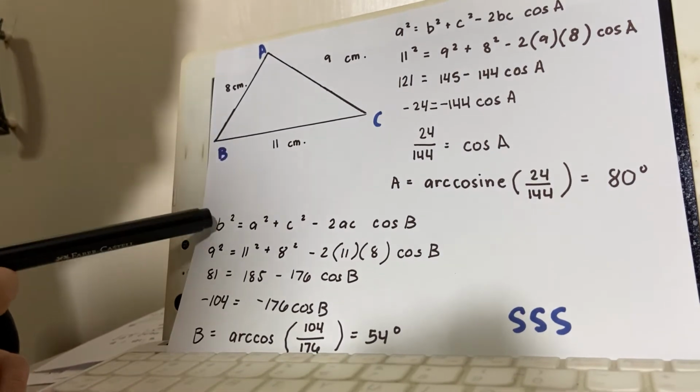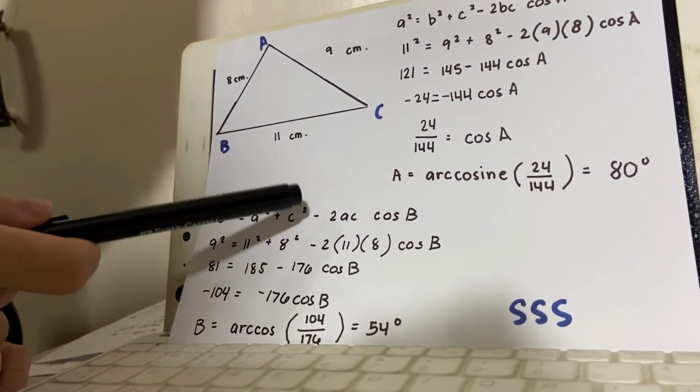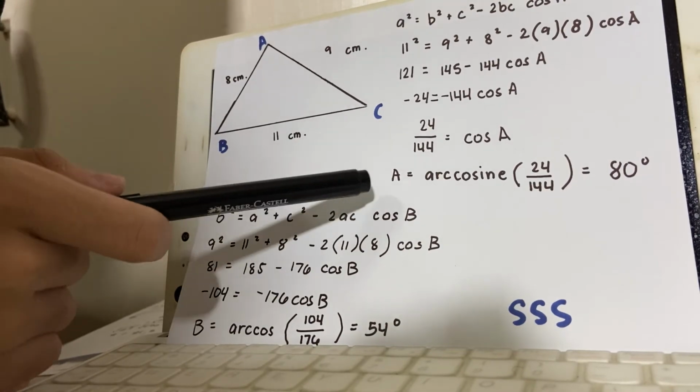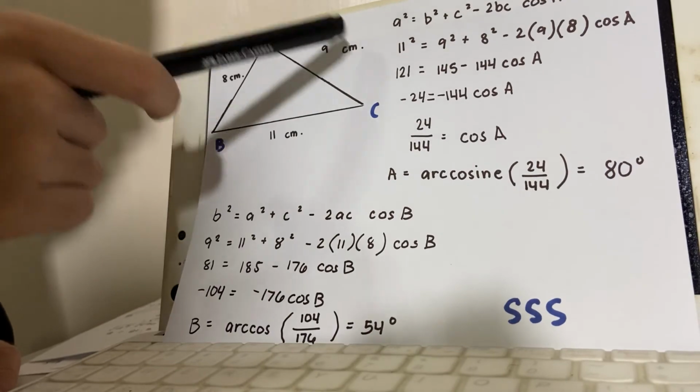For B, it should be B squared equals A squared plus C squared minus 2AC times cosine B. Again, you just substitute what was given.